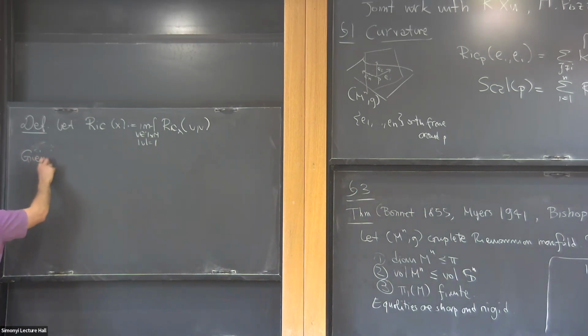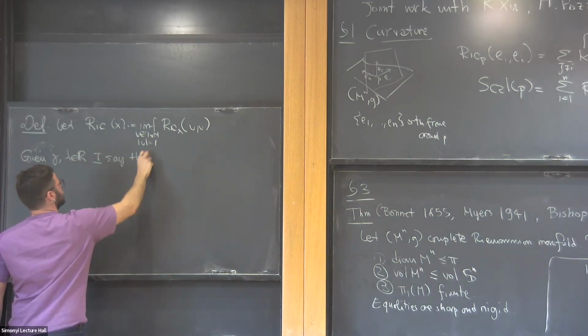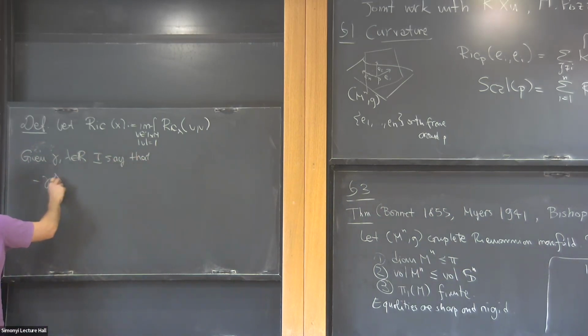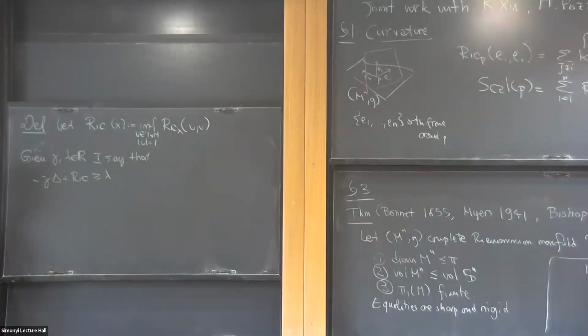Given 2 numbers, gamma and lambda, I say that minus gamma Laplacian plus Ricci is greater or equal to lambda if the first eigenvalue of this Schrödinger operator is greater or equal than lambda.